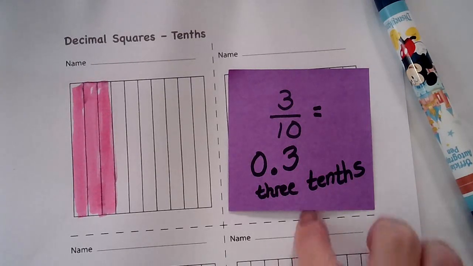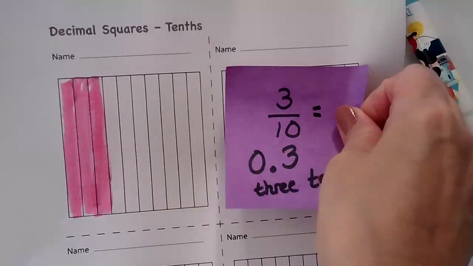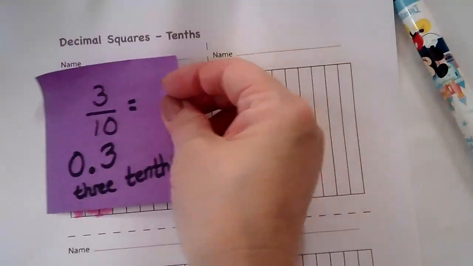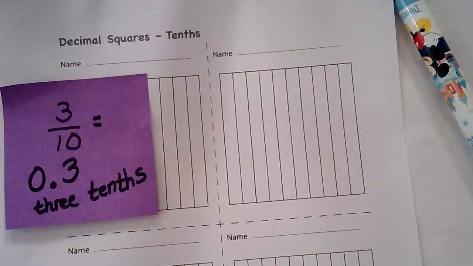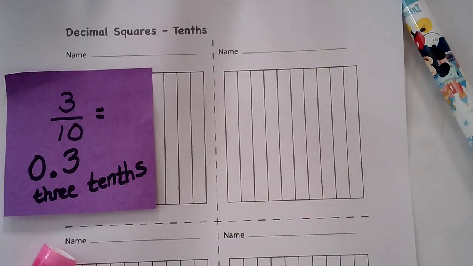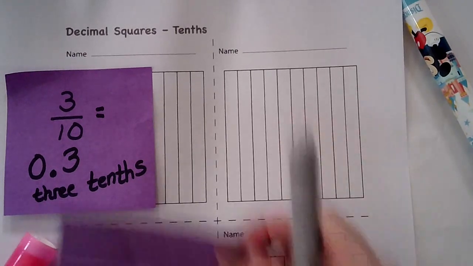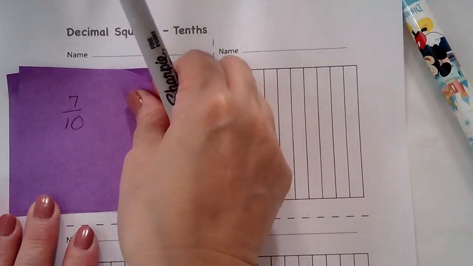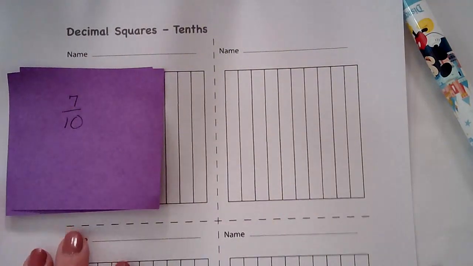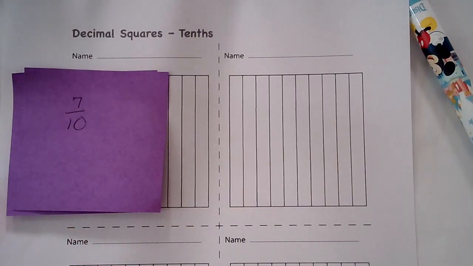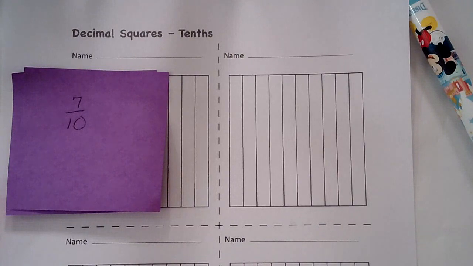3/10. Okay. All right. I'm going to go ahead and cover this one so that we can do our next example. Our next example will use this, and I'll cover this up. 7/10 is our fraction. So 7/10 means 7 parts out of 10.